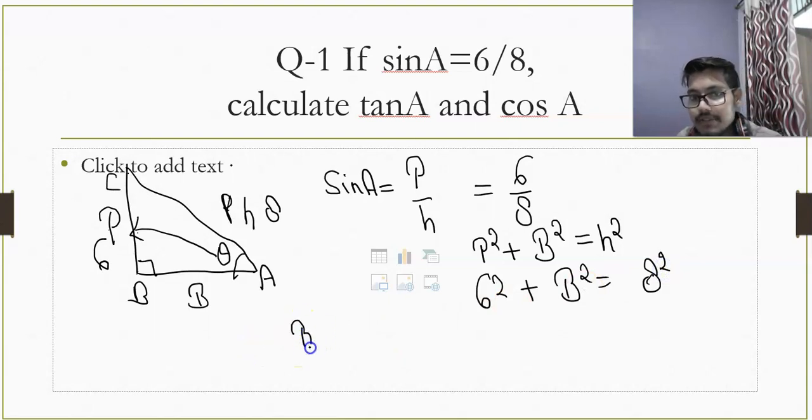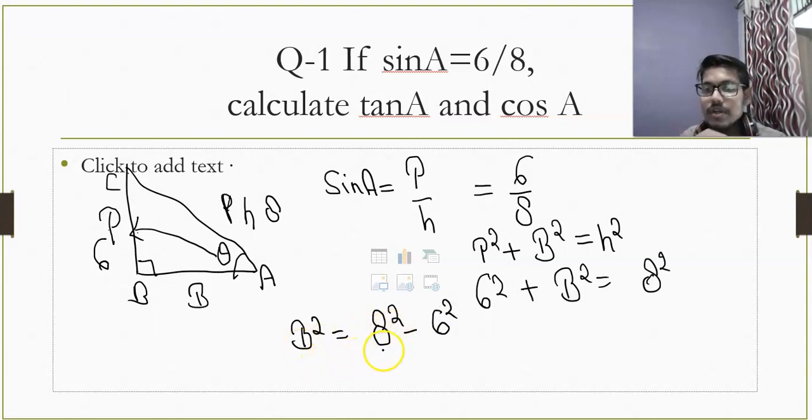So base square, after segregating the variables on one side and the constants on the other side, we get 8 square minus 6 square. Now I will tell you some important things. This is related to a square minus b square.